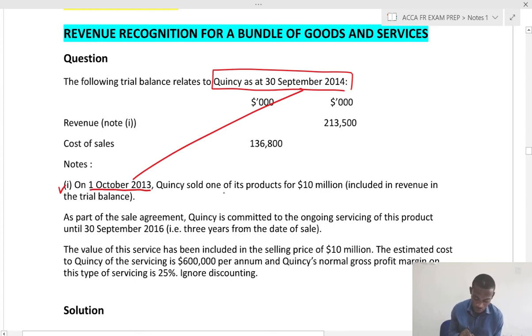Now Quincy sold one of its products for 10 million. Included in revenue in the trial balance. So it means that the 10 million is in this total revenue.